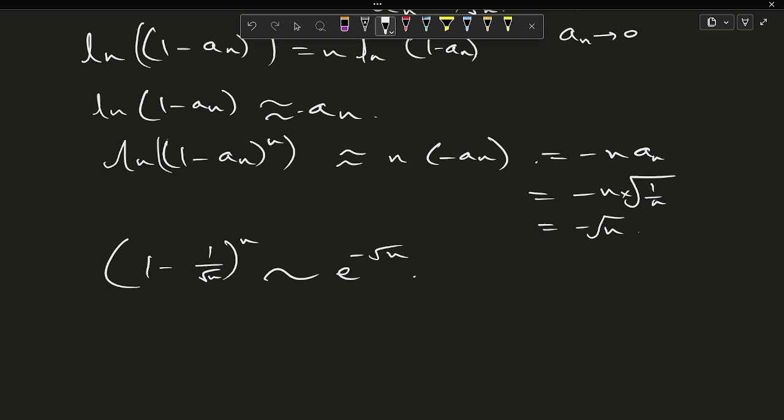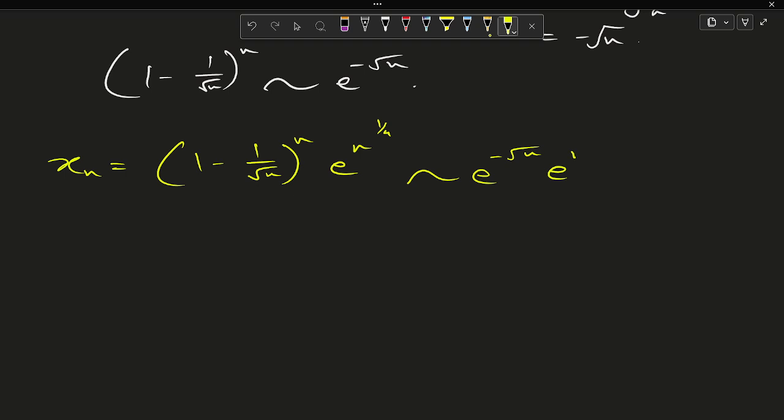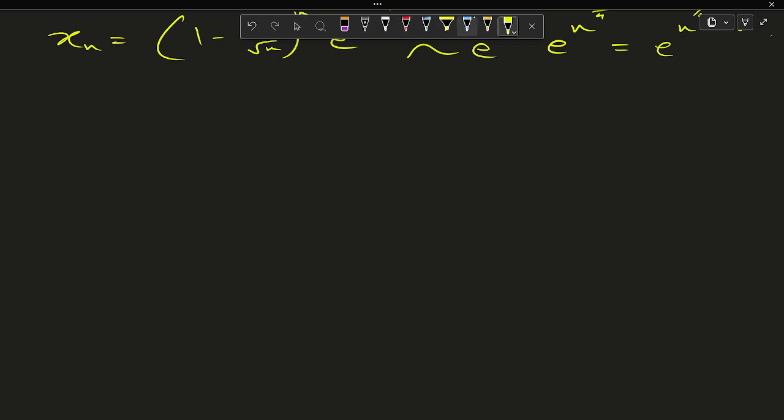Now we analyze xn. Our xn is (1 minus 1 by root n) whole to the power n into e to the power n to the power 1 by 4, which can be approximated as e to the power n to the power 1 by 4 minus root n.